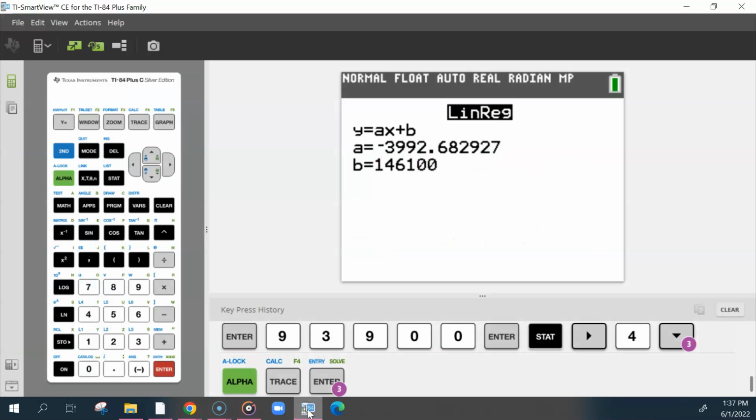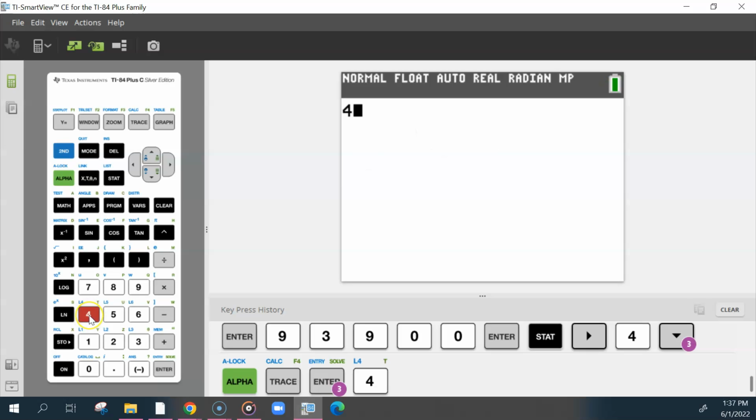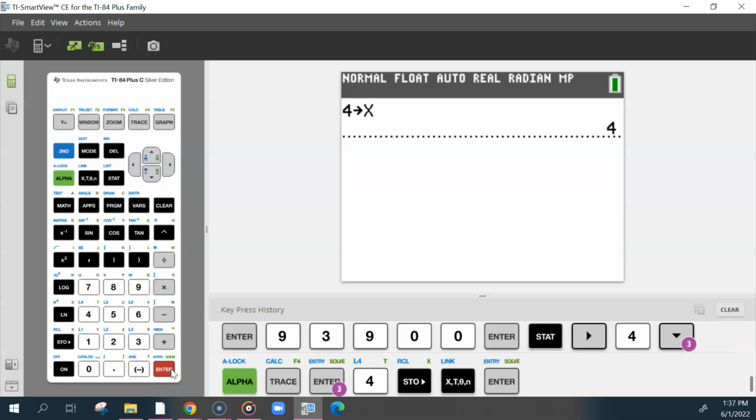So after you find your equation, I'm going to type in 4, and then STO, and then X, and then enter. And then I'm going to go back and grab the equation I stored in Y1.